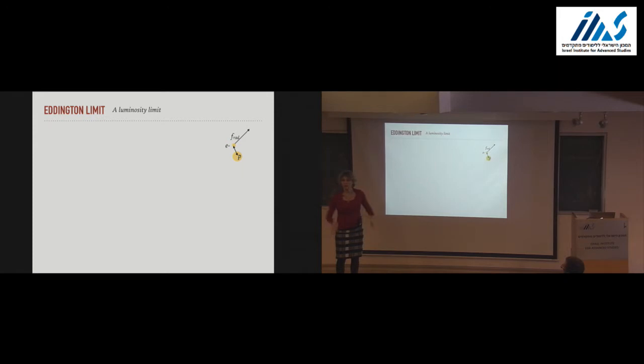It is the maximal luminosity that can be emitted by an accreting system, a spherical system. Okay, so now we are going to discover why it is the maximum luminosity.